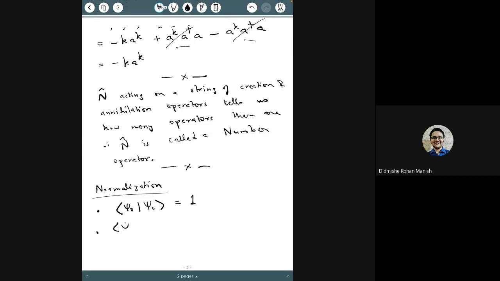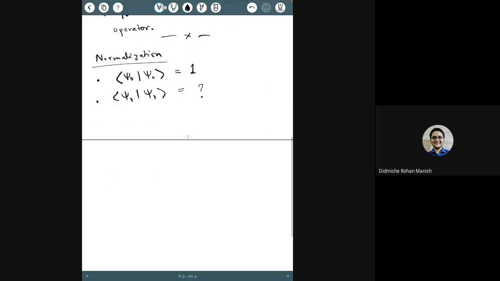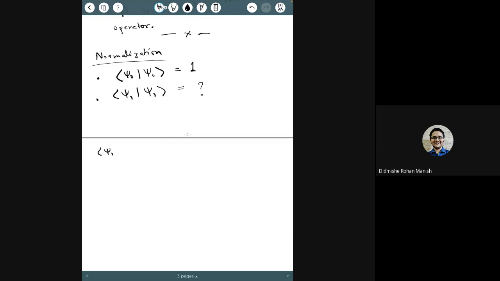So is the overlap of psi 1 with itself equal to, well, what is it equal to, let's say? Let's try working that out. So this is a dagger on psi 0, a dagger on psi 0.